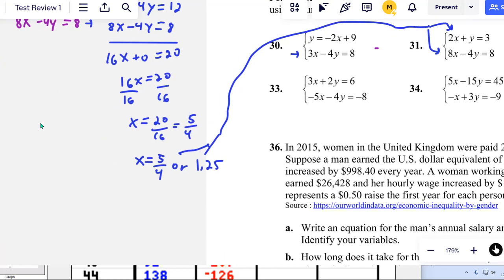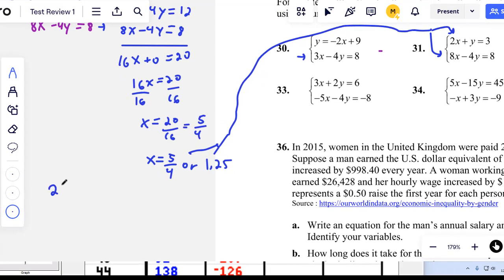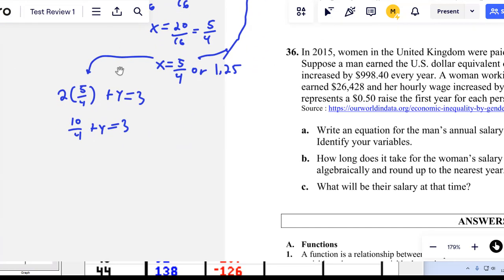So let me just rewrite the top equation. It's 2x, but instead of x, I'm going to put in the 5 over 4 plus y equals 3. Again, that's coming from this equation here. So let's see, this becomes 10 over 4 plus y equals 3. Almost done. I subtract 10 over 4 from both sides.